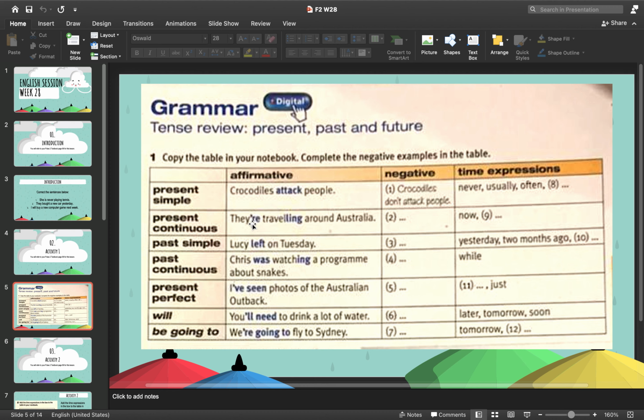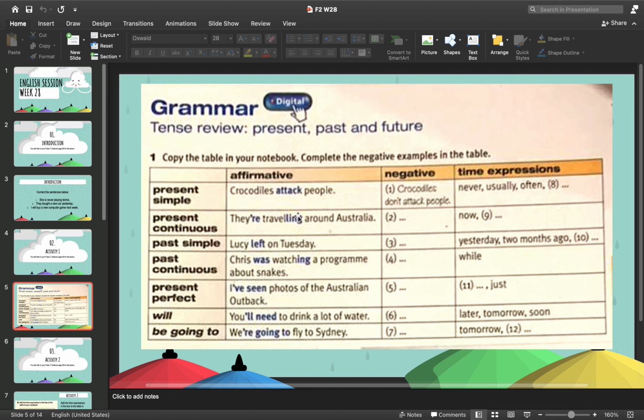Dia ada is atau am. Kalau noun tu lebih daripada seorang, plural, dia pakai are. Lepas tu verb dia mesti ada ing sebab dia sedang buat. Okay? They're travelling around Australia. Mereka sedang mengembara di seluruh Australia.